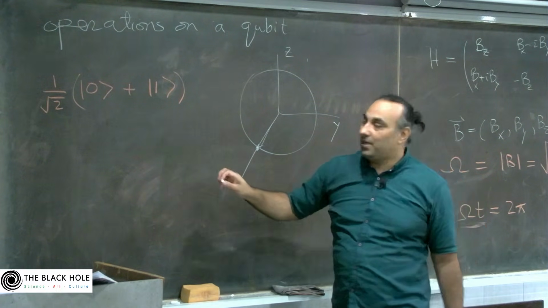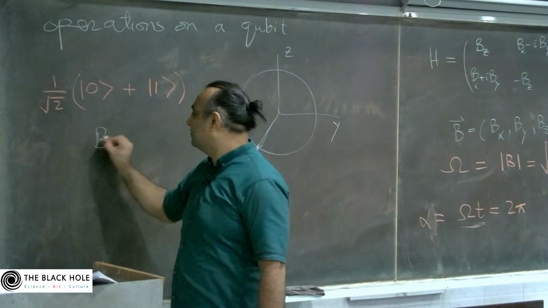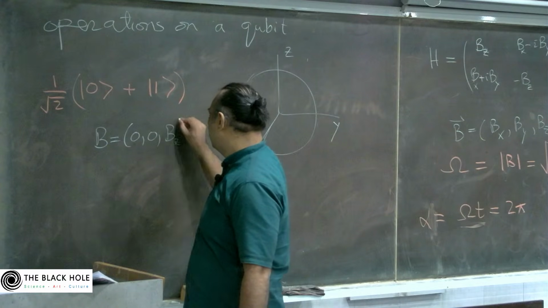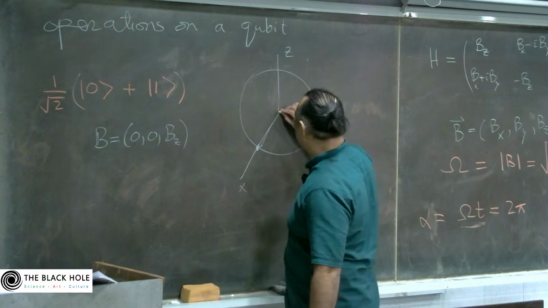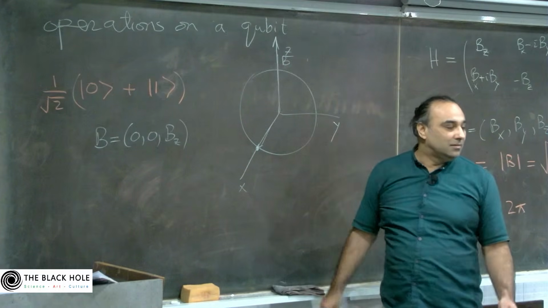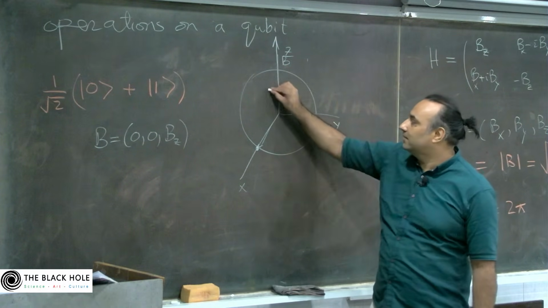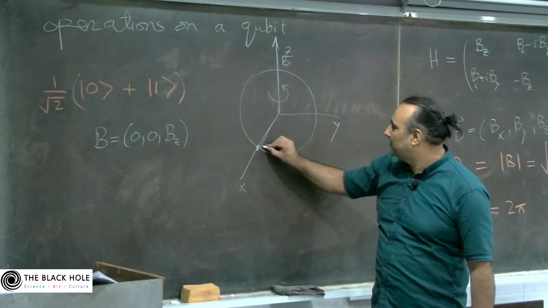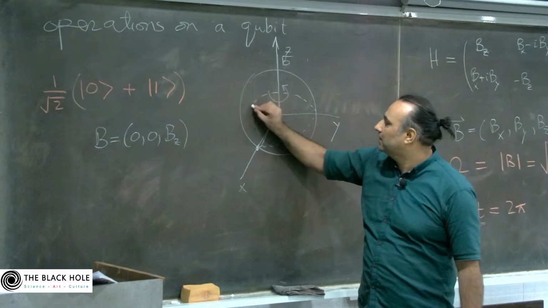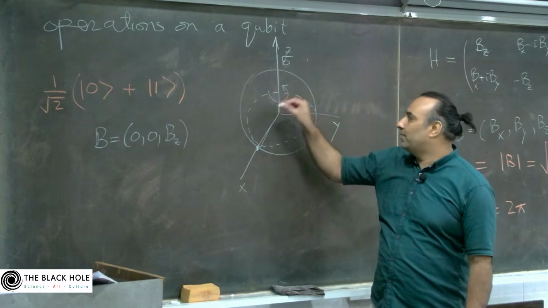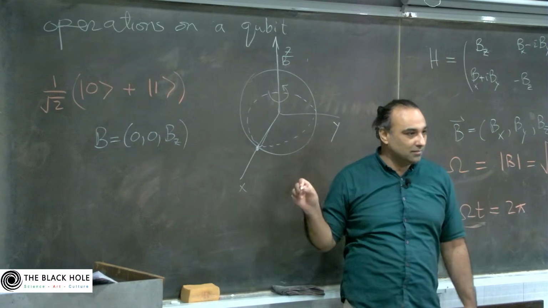Now if you take B along z, then that means your B is like that. And now the dynamics for this system would revolve it on this circle in the xy plane. So it would be revolving like this.